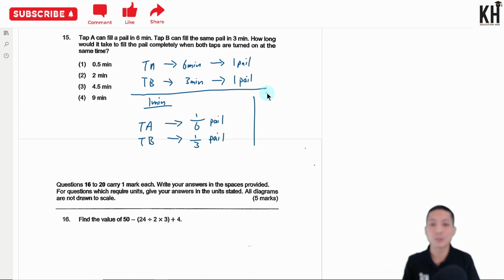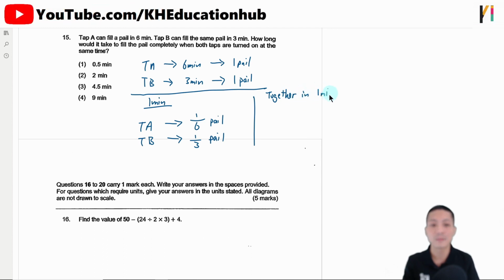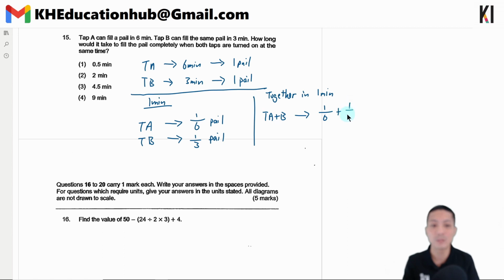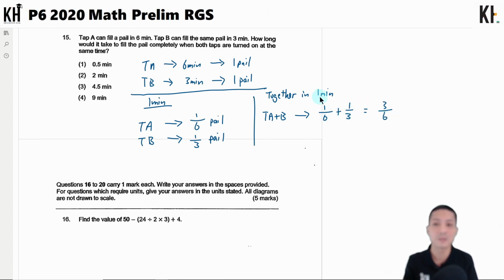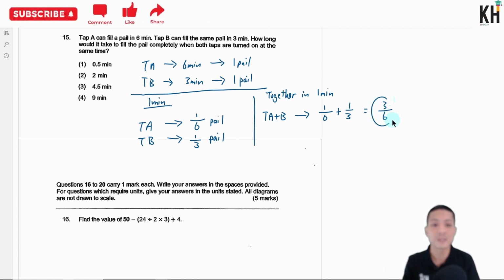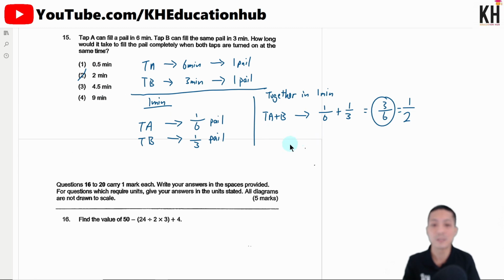That means now together, in 1 minute, tap A plus B can fill up 1/6 plus 1/3. 1/6 plus 1/3 will actually be equal to 3/6. Just change to a common denominator, working somewhere else if you need to. So if in 1 minute they can fill up half of it, that means they need 2 minutes to fill up the whole pail. So the answer will be number 2.